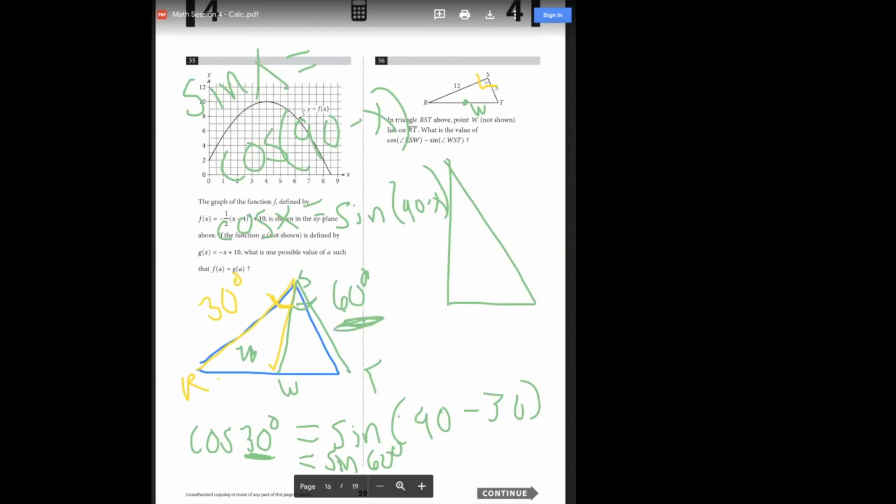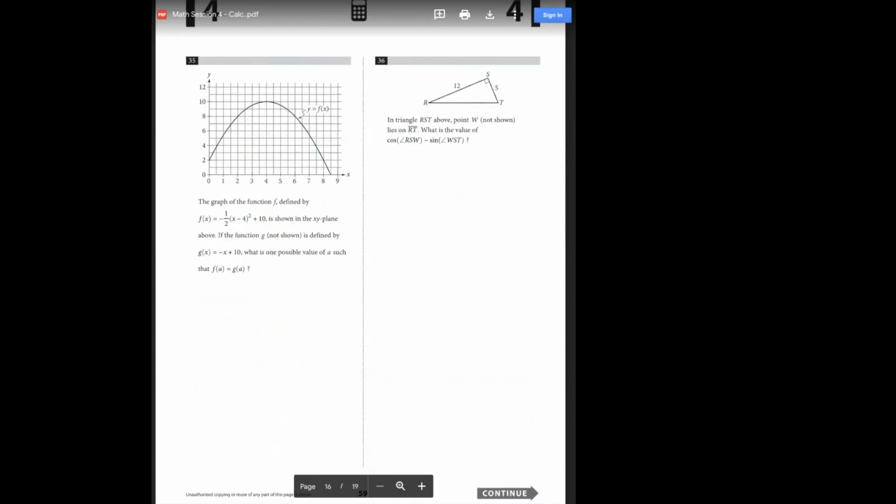So you just need to know that since you're splitting up a 90-degree angle, one of them is going to be cosine, one of them is going to be sine, and they're really the same. They're equal. So it's like subtracting 1 minus 1 or x minus x. The answer is 0 because they're the same value.